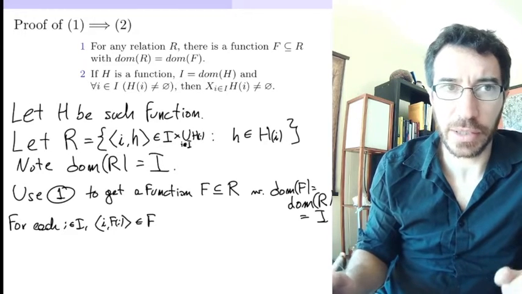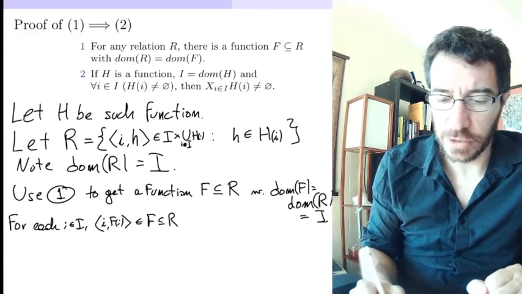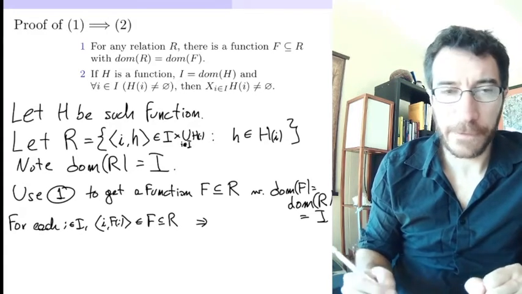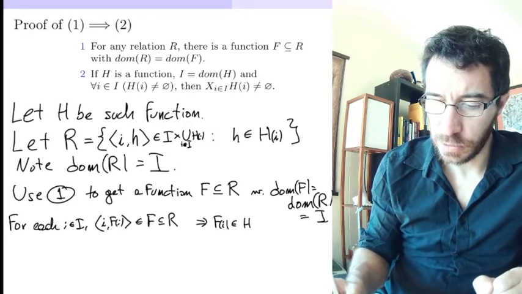The graph is a subset of R, so since (i, f(i)) belongs to R, we have that f(i) belongs to h_i.